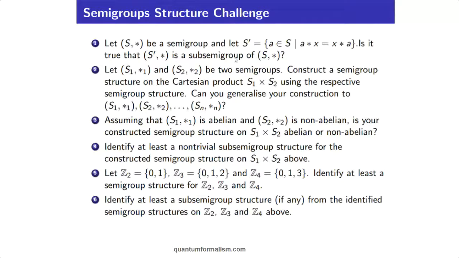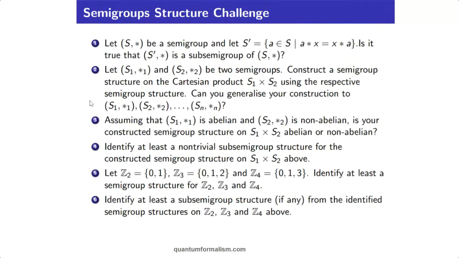Can you construct a semigroup structure on the Cartesian product of the underlying sets? You know what a Cartesian product is; this is set theory 101. And can you generalize your construction to n semigroups? So that's one challenge.